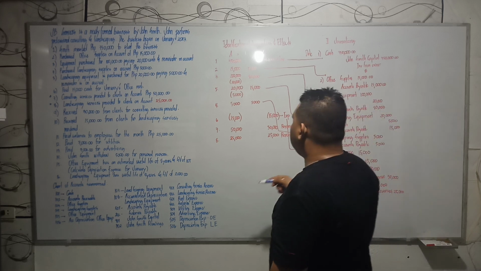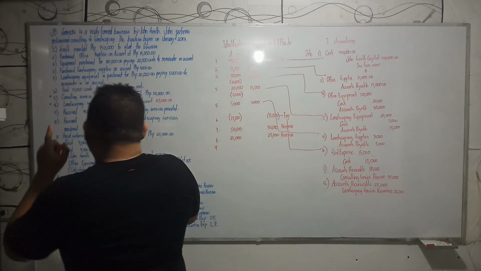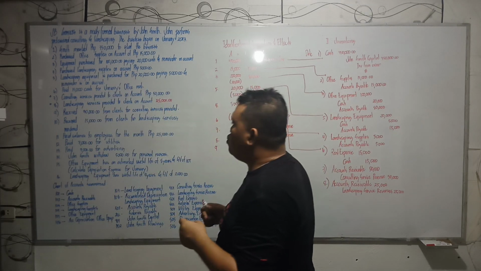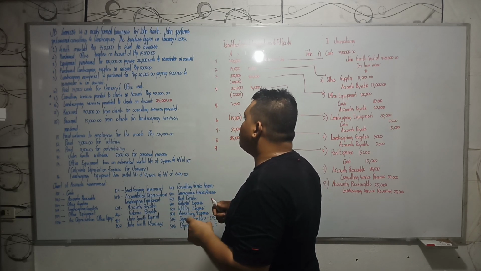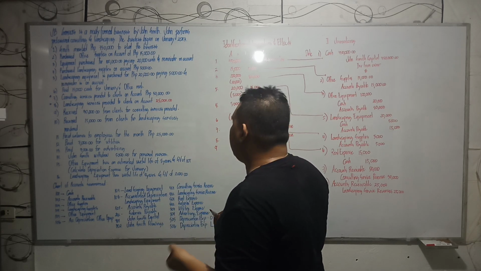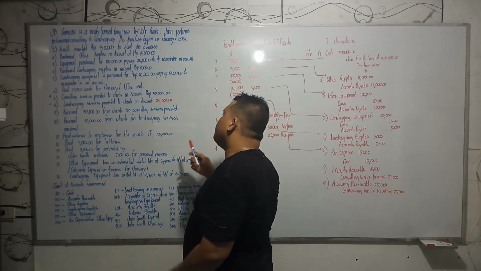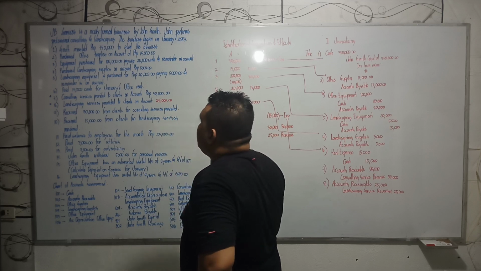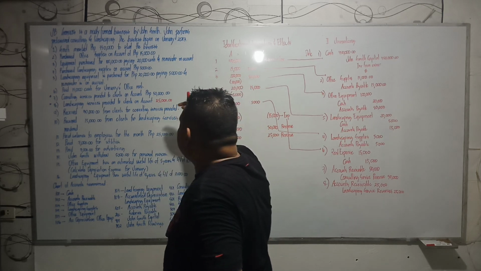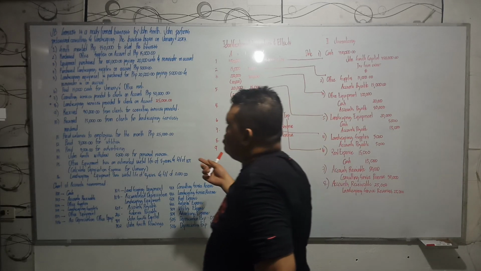How about number 9? So as you can see, it's stated here, the company received 30,000 from clients for consulting services provided. So, do not assume that this 30,000 from clients for the services that you have already provided is related to number 7 and number 8, because it's not the case here.